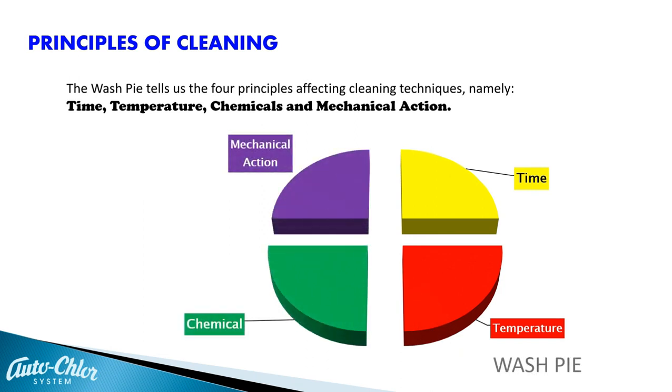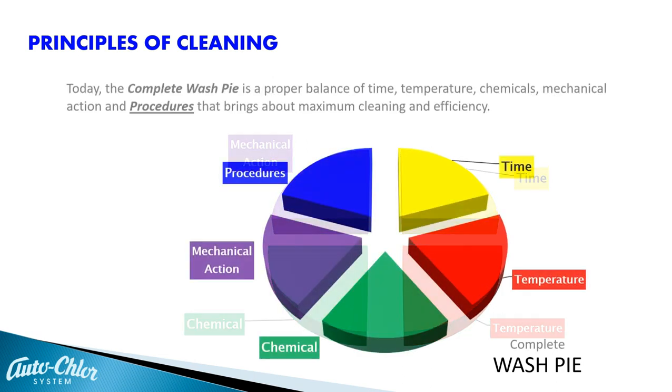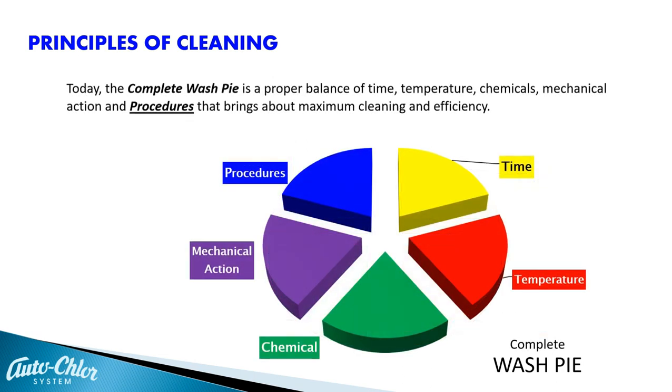Again, when this was first created, they created the wash pie. The wash pie divided these 4 products, time, temperature, chemical, and mechanical action, into 4 equal parts. To get good results for cleaning chemistry, all 4 of these have to have an equal part. Now, as time went on, we've changed this.